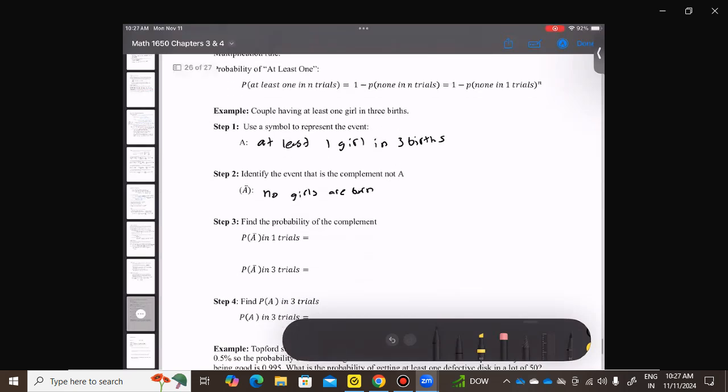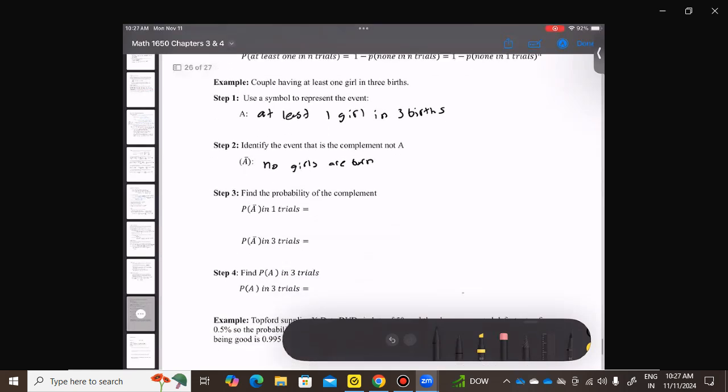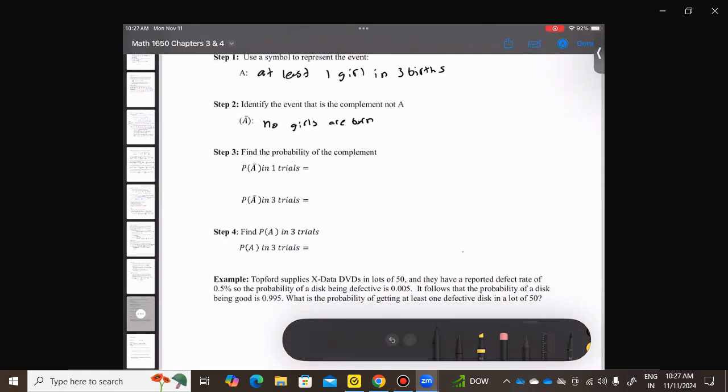So what's the probability of not having a girl? Well, that's 1/2. What's the probability of not having a girl in 3 trials? That's 1/2 times 1/2 times 1/2, which is 1/8. Right, so what's the probability of having at least one girl in 3 trials? It's going to be 1 minus the 1/8, which would be 7/8.